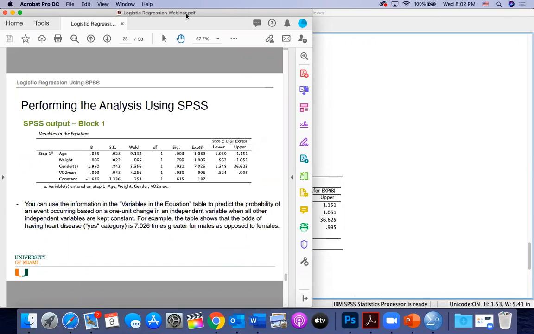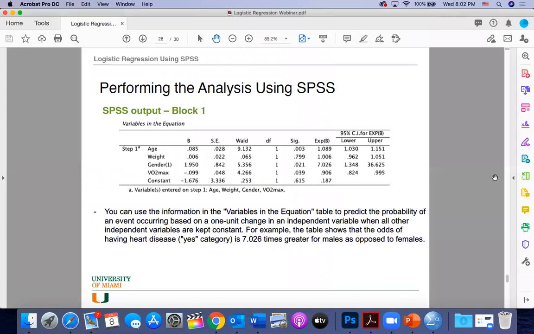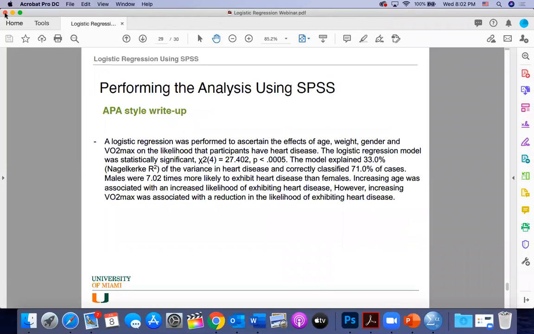Okay, so how would we write the results in an APA style format? Usually you want to say which type of analysis you performed.